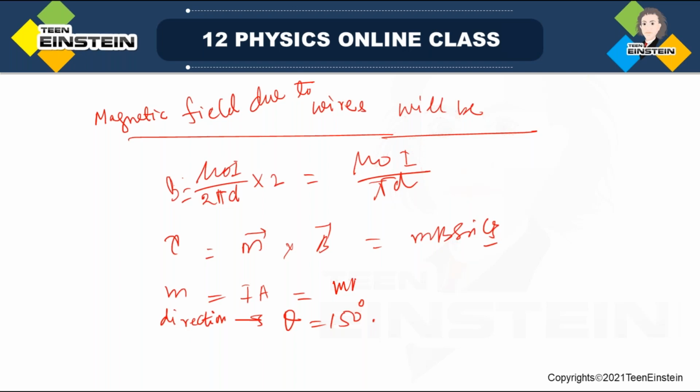We know this is mb sine theta, right? So we got it, mb sine 150. We can write it in the same way. All right, so now we can actually put the values. We have got b, we can put the value.